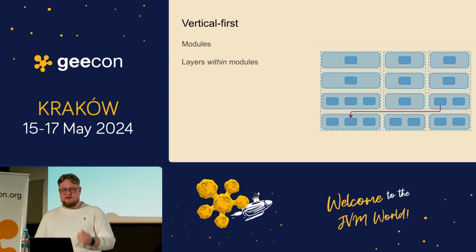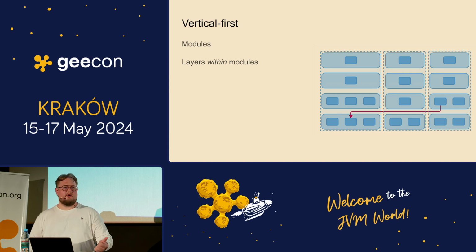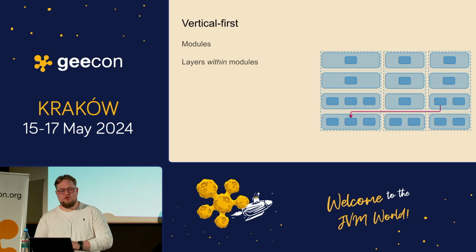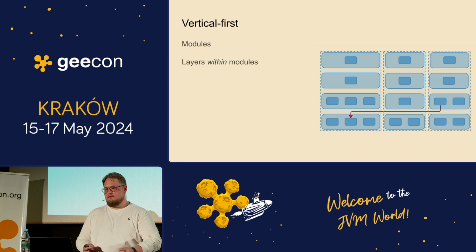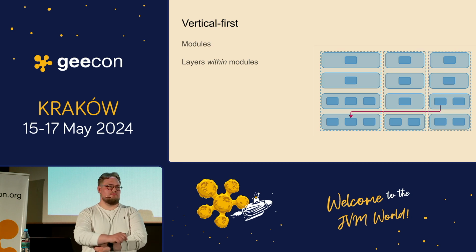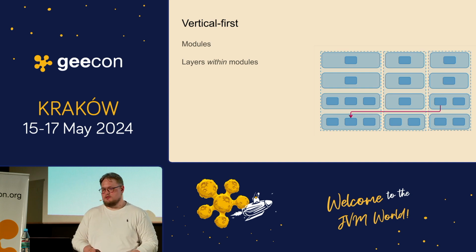And maybe the good thing to do is to start with the vertical split first, and maybe do the horizontal split later if we need that. So we first divide our whole application into modules, and then if we want to, we can introduce layers, or whatever other architecture, within those modules. It doesn't really have to be the same across these modules.